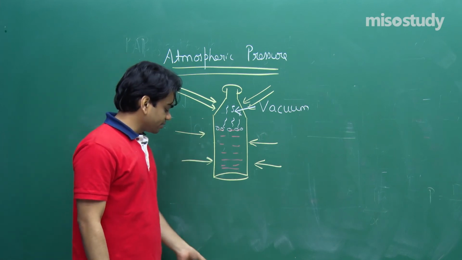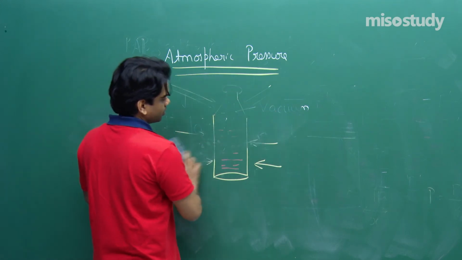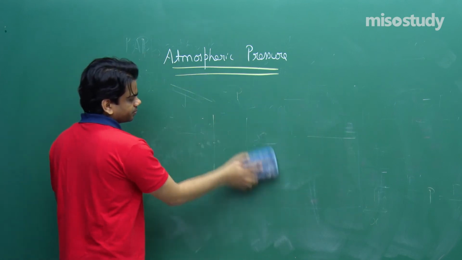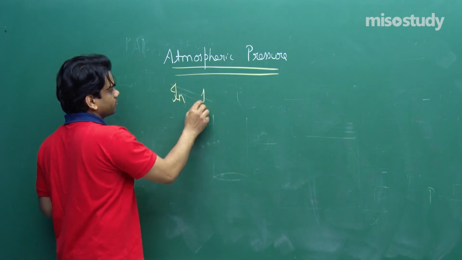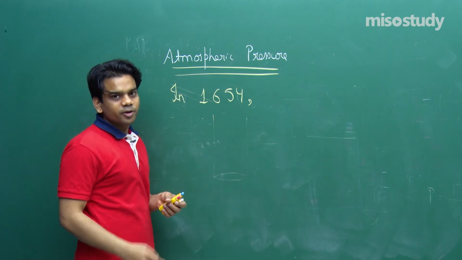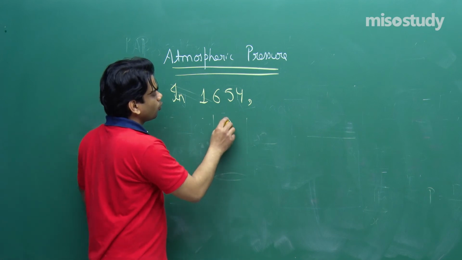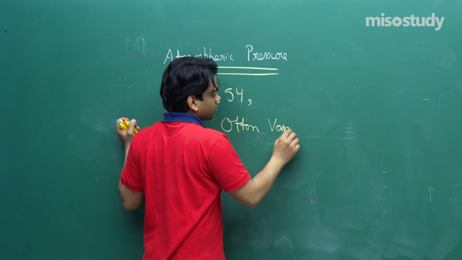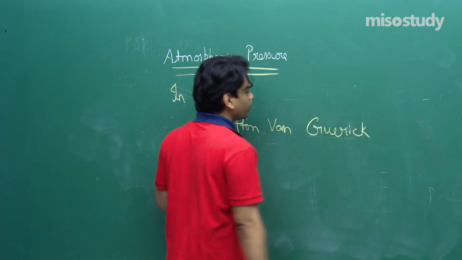One more demonstration. Let me tell you a story about the idea of atmospheric pressure. Now in 1654, centuries ago, Otto van Guericke, this has got a complicated name, Otto van Guericke.